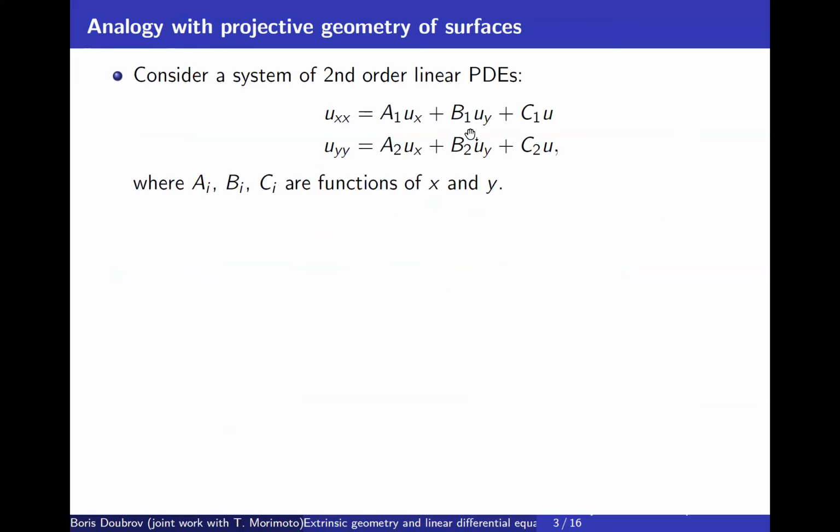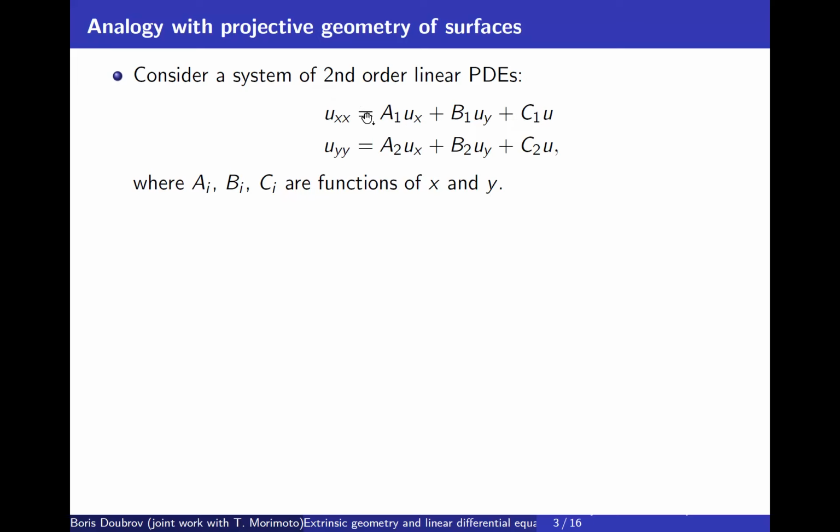Again, I repeat, there is a well-known classical approach to studying projective geometry of surfaces in P3 via overdetermined systems of linear PDEs. One can think about u as a radius vector in affine coordinates, for example in x, y, z coordinates, and then write the equation of this radius vector.